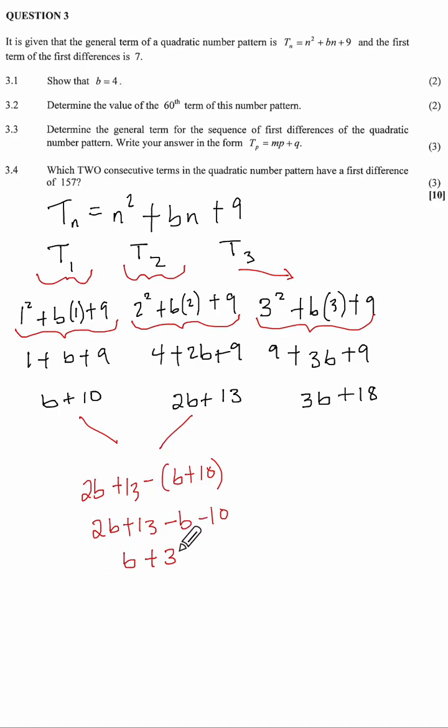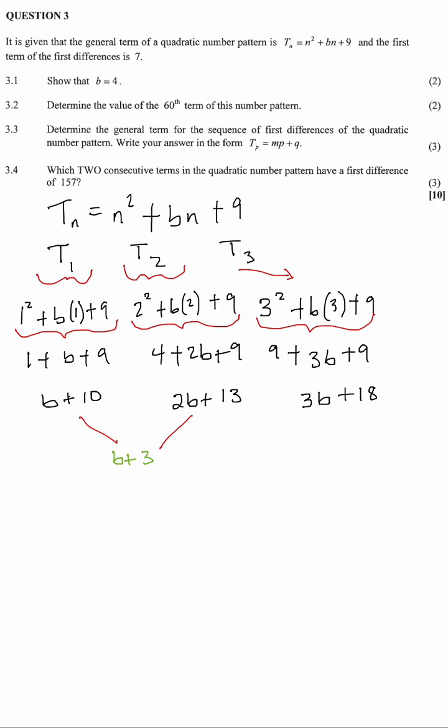So b plus 3. And they already told me something about the first term in the first differences. So for now, I'm just going to write here b plus 3. If I say 2b plus 13 minus (b plus 10), it gives me b plus 3.